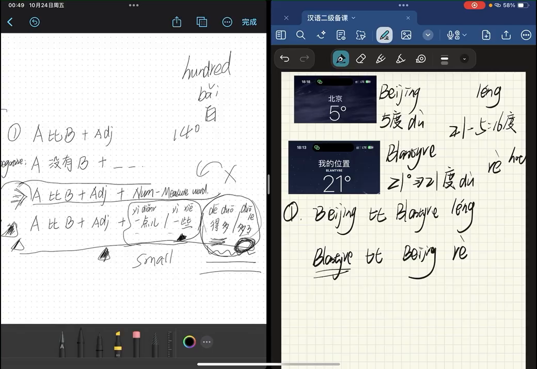Since 16 degrees is a big difference, I can choose one word from these two, and here I choose 多了. So I can make the sentences: 北京比 Blantyre 冷多了. Blantyre 比北京热多了. Okay, so this is how to compare the weather.